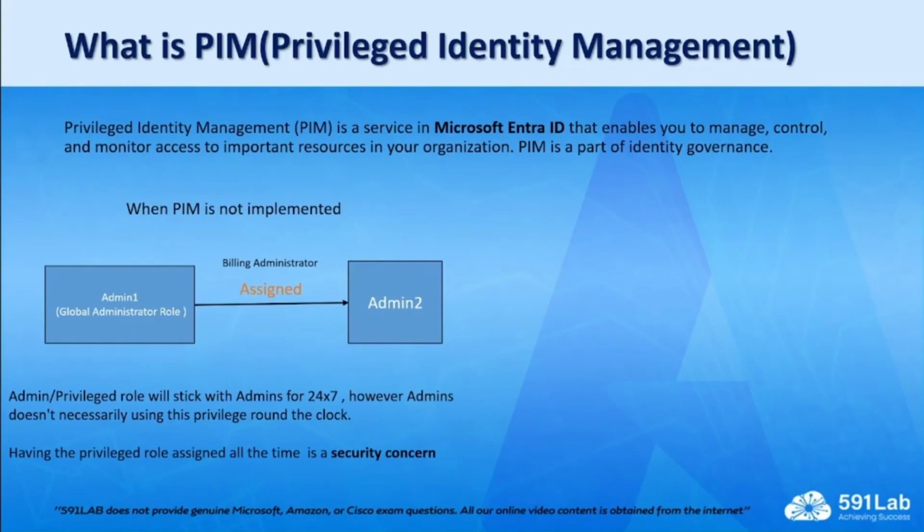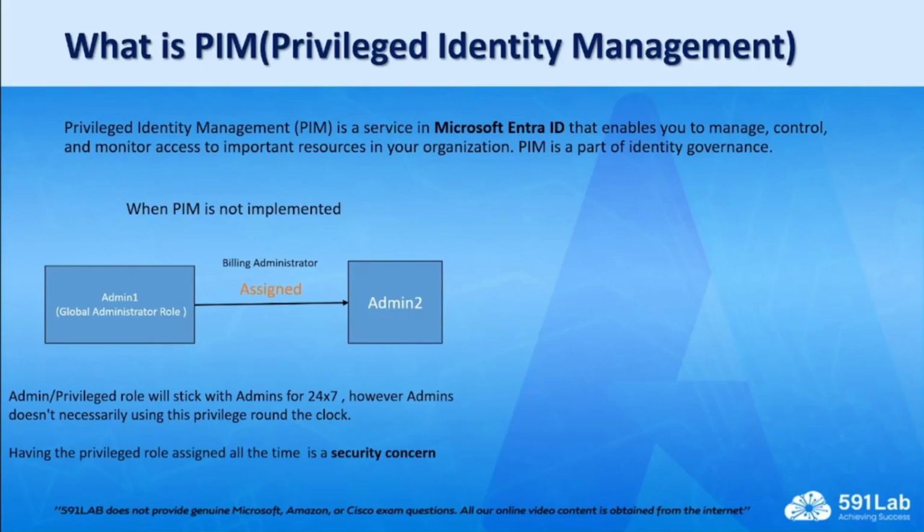We would like to assign an admin role to admin 2 so that he can perform some day-to-day admin work, for example, billing administrator role. To do this, all we need is to ask admin 1 to assign the admin role, which is also a privileged role, to admin 2. It's plain and simple.